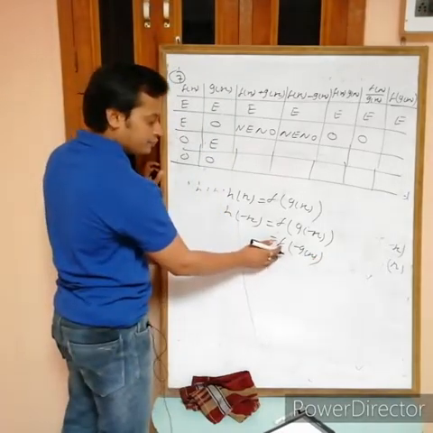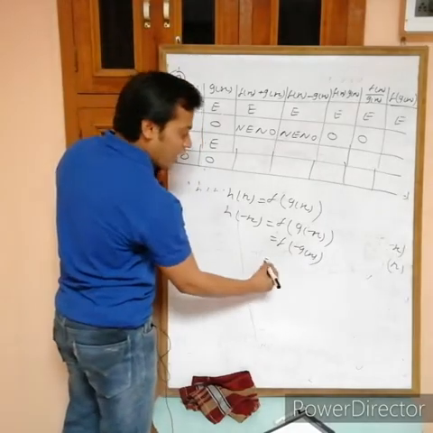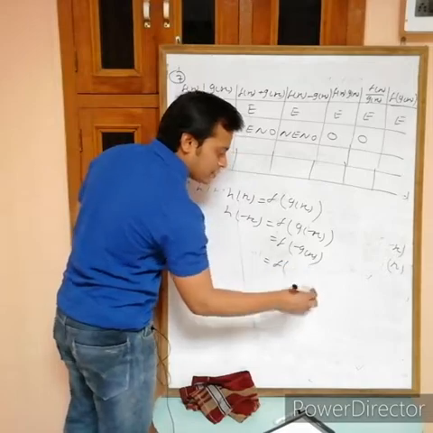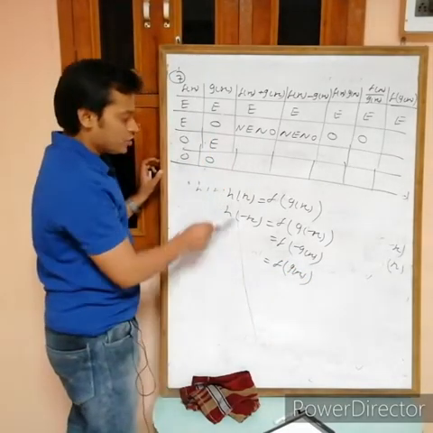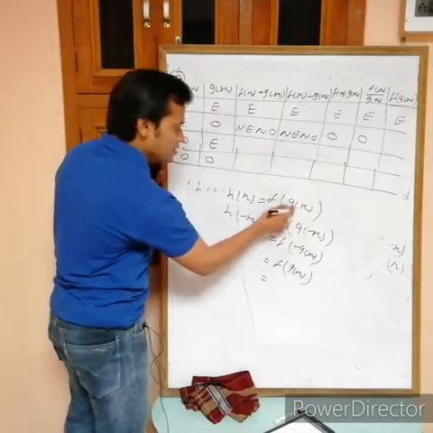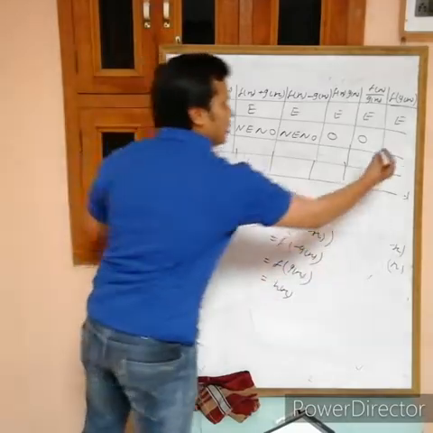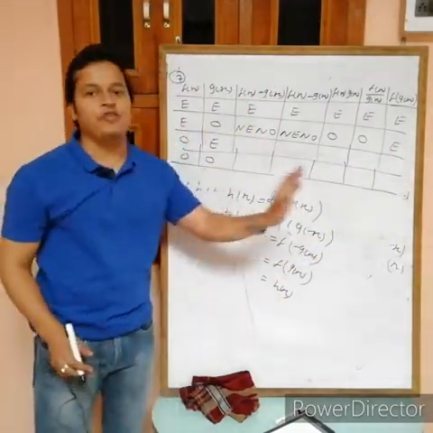Now f is even. If f is even, then f of minus x can be written as simply f(x), because f is even. So h(-x) is equal to h(x). It means this one is even. Okay, so similarly you can identify for all.